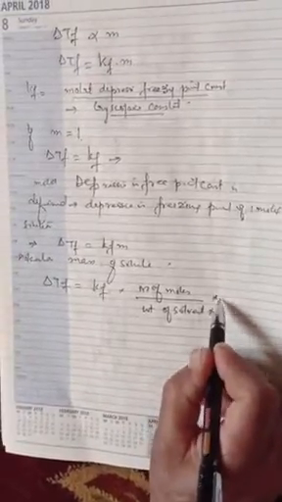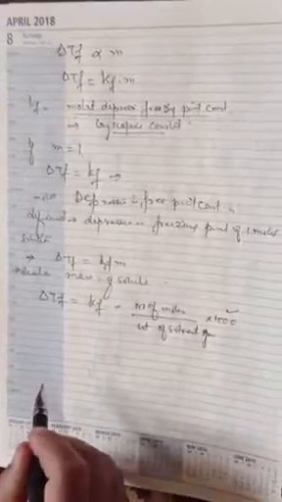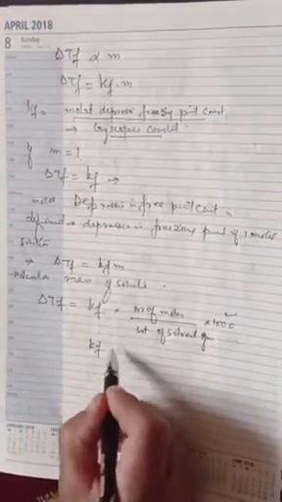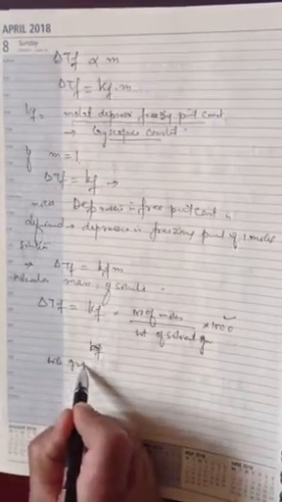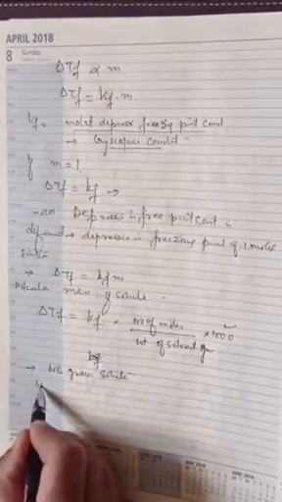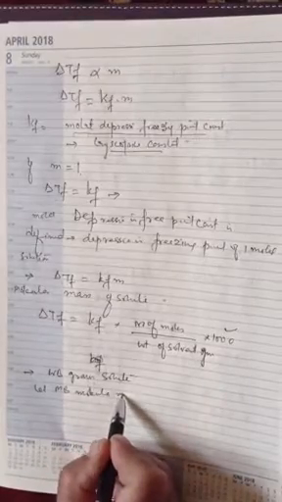If the molality of the solution is 1, then ΔTf is equal to Kf. Therefore, the molal depression freezing point constant, or cryoscopic constant, is the depression in freezing point when we consider the molality of the solution as 1, therefore ΔTf becomes equal to Kf.